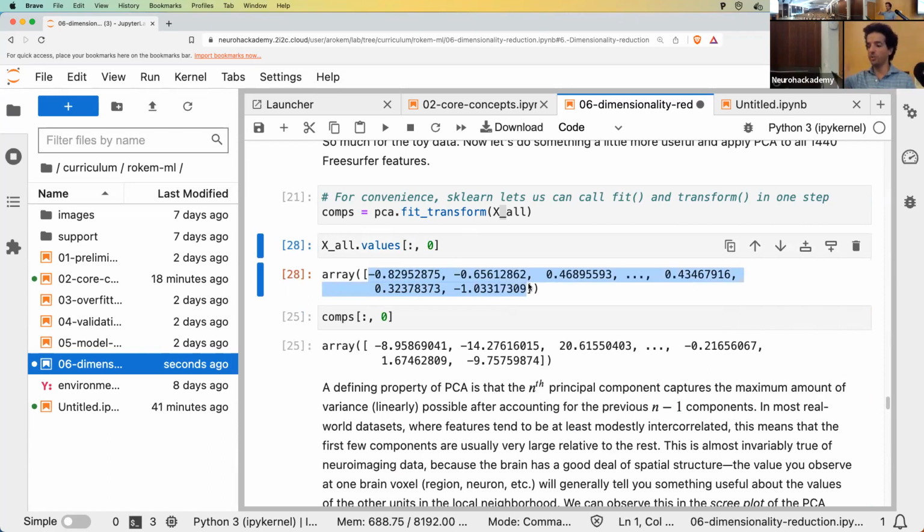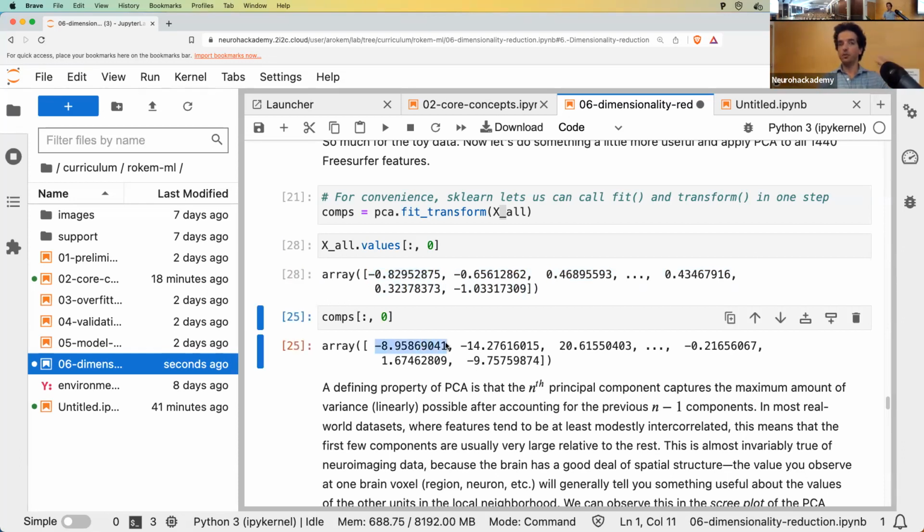We scaled each column in the matrix. So this subject has, in the first feature in the FreeSurfer matrix, this value. But in the first PC of the data, they have this value and so on and so forth. So we've transformed the data around, so we're representing it in this new set of axes.